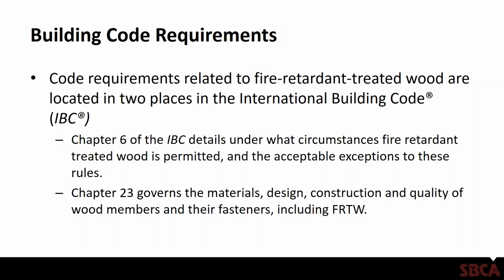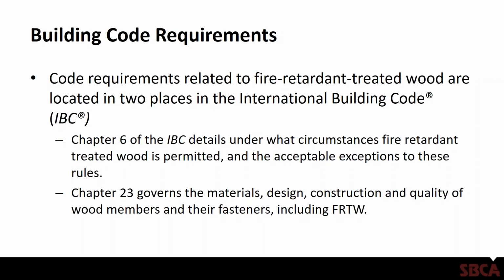Code requirements related to fire retardant treated wood are located in two places in the International Building Code. Chapter 6 basically details the various occupancies and construction types that allow the use of fire retardant treated wood. And again, for some of the non-combustible construction types, such as type 1 and type 2, there are instances where fire retardant treated wood is allowed to be used, and we're not going to get into those various instances during this presentation.